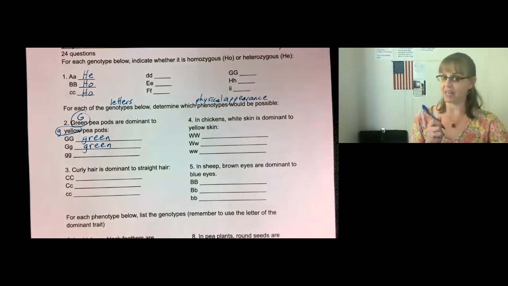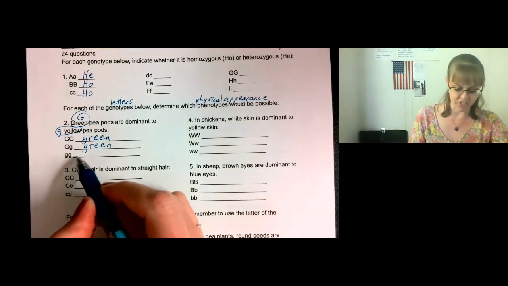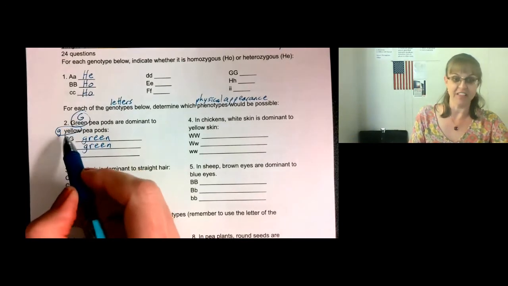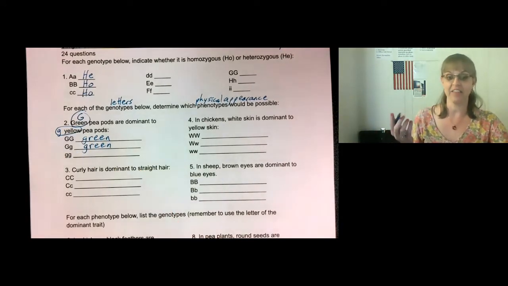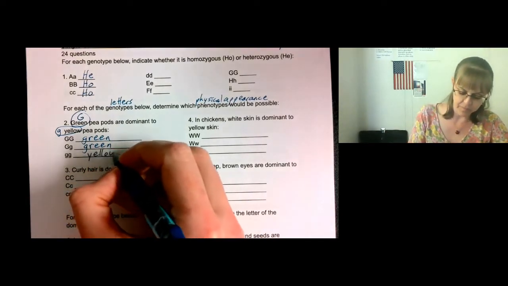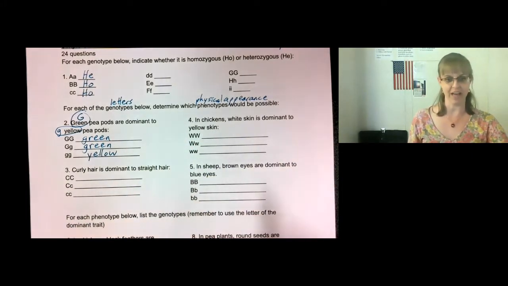But it could pass on a green or a yellow gene. Then, when there are two recessive genes, there is no dominant gene, therefore finally that gene for the yellow pea pods is finally seen, and the pea pods will be yellow. You try number 3, 4, and 5.